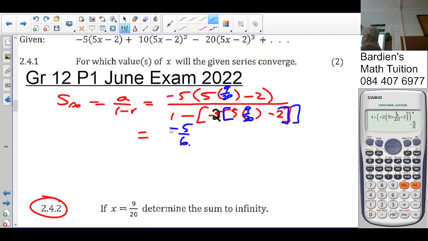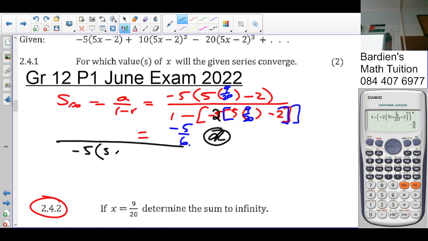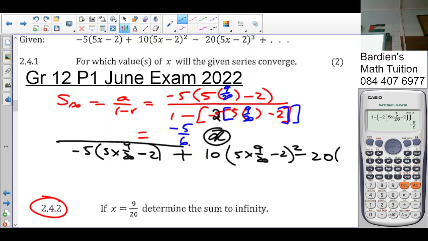It's actually going to be safer for you to substitute into the sequence first. There's negative 5 into 5 times 9 over 20 minus 2, plus 10 into (5 times 9 over 20 minus 2) squared, minus 20 times (5 times 9 over 20 minus 2) cubed.